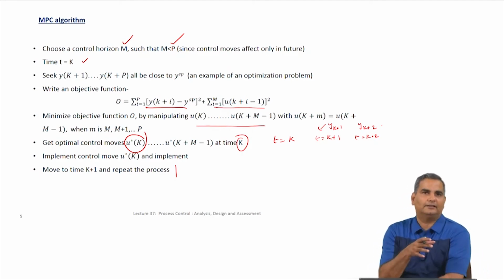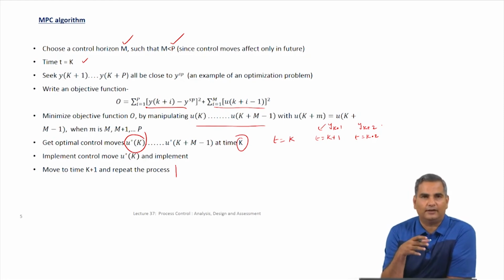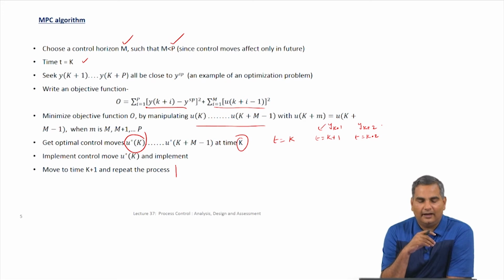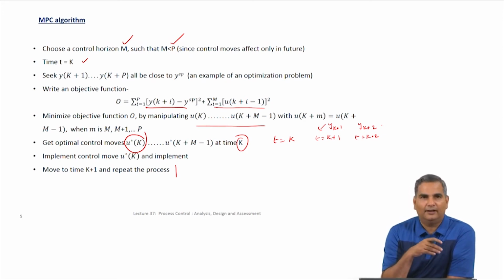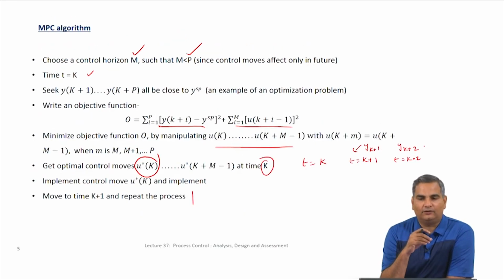So, it is something like this: supposing you are trying to study for an exam and you think that the exam is very hard, and you decide that you are going to put a lot of effort, and you are going to solve some sample papers and then see how well you will do in your exam. Let us say you start studying today and you plan for a week, and so after one day of studying you take a sample paper.